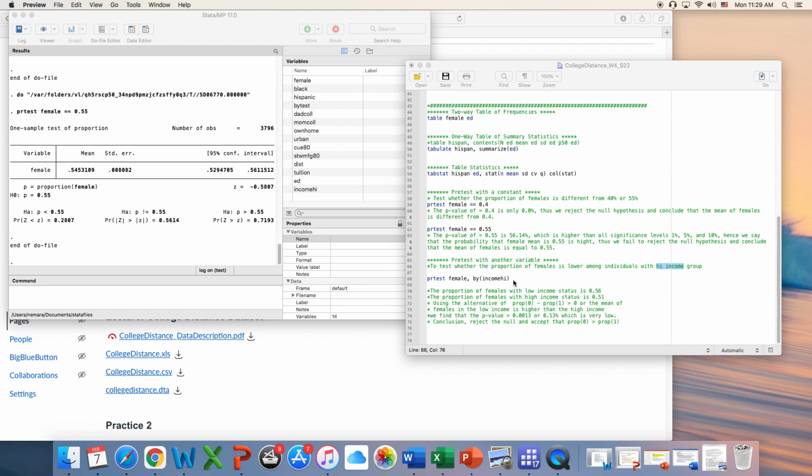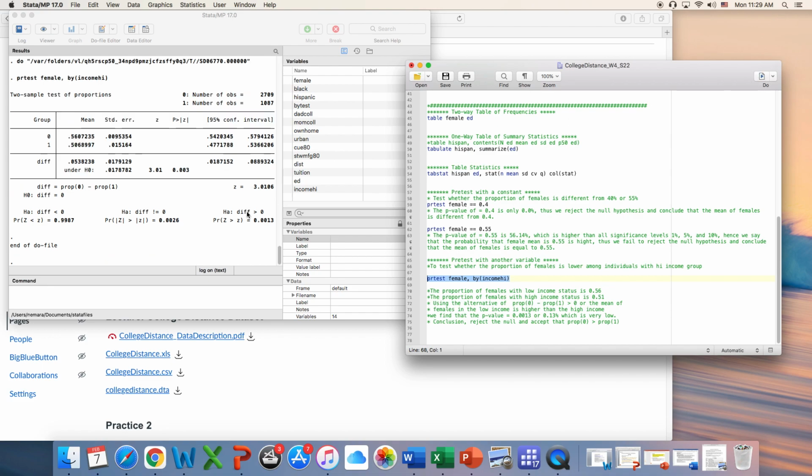So in order to test that, we basically write pretest female by income high. And we test it and we see the following. So basically we're focusing on females only, right? We're taking only females and trying to see how many of the females are in the low income group.